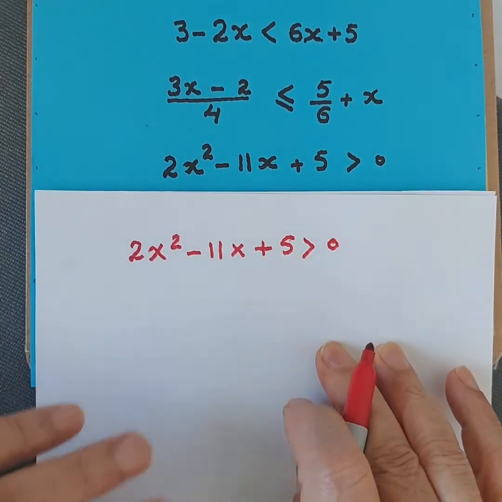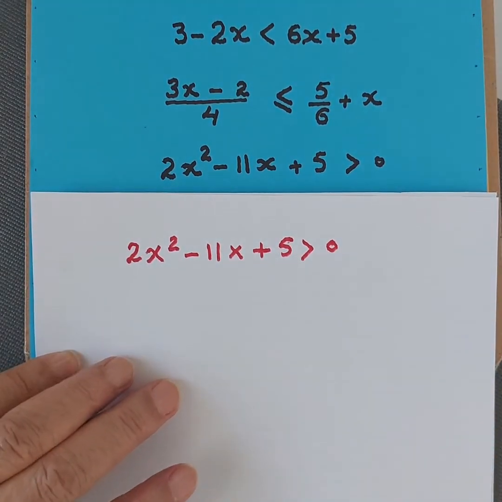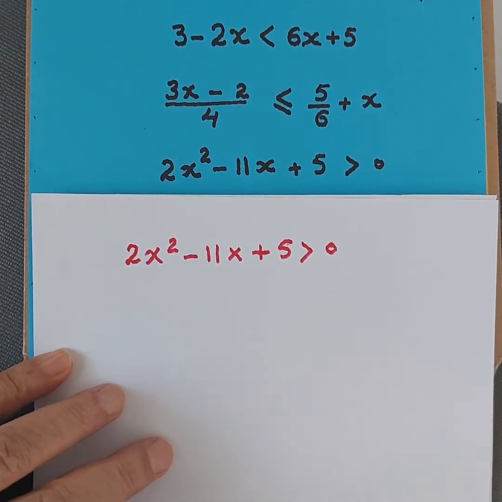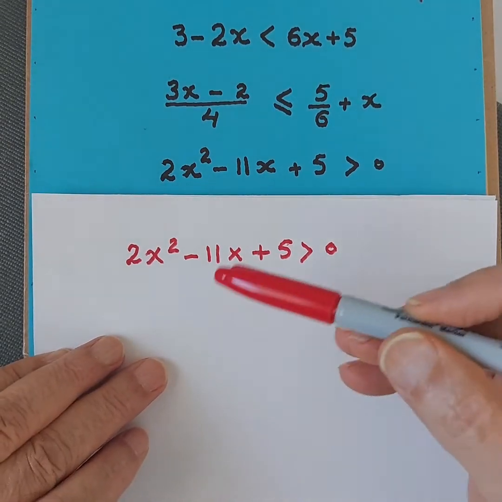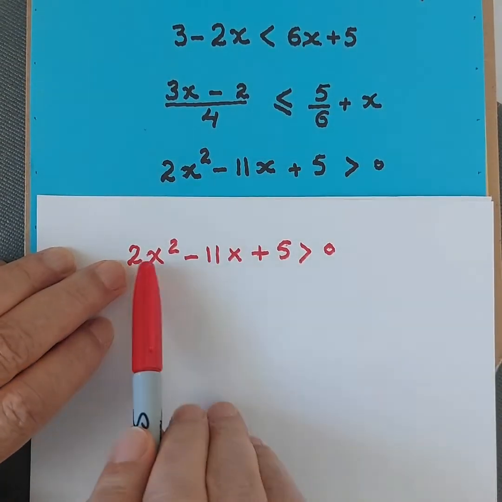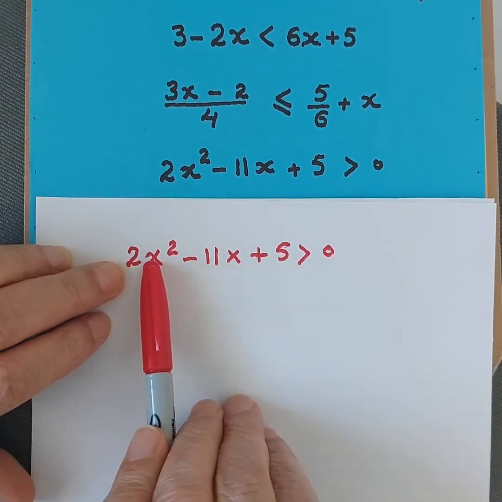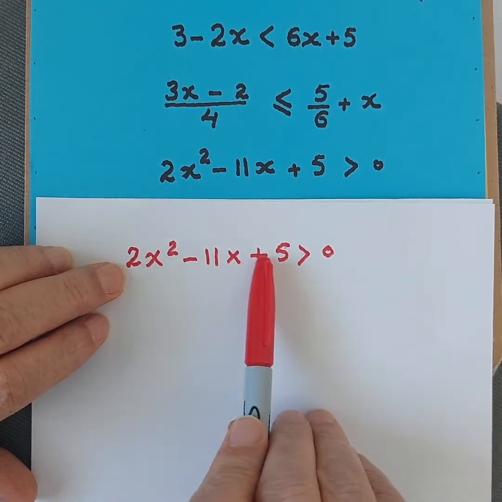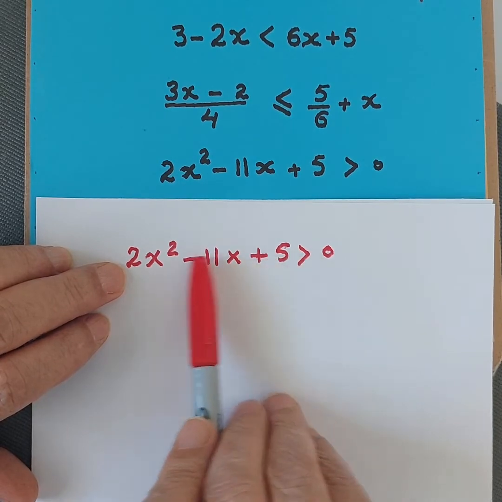You see, this equation is different from the two previous questions. The difference comes from, we have here a second degree polynomial on this side.